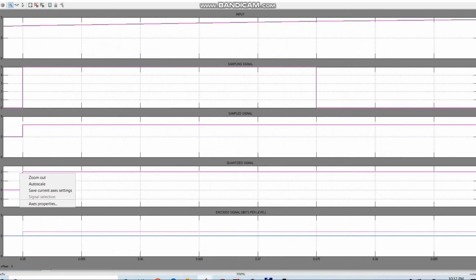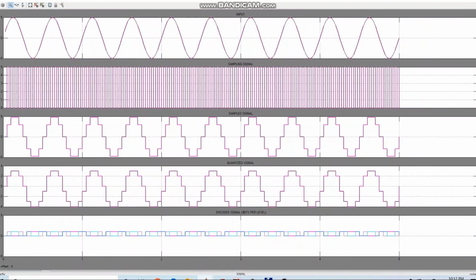fixed voltage levels. Now we can see there are 6 to 7 voltage levels like 0, 2, and this one is 3, and again coming back to 2, 0, -3, this one is -4, and this is again -3, this is -1, and again coming back to +2.